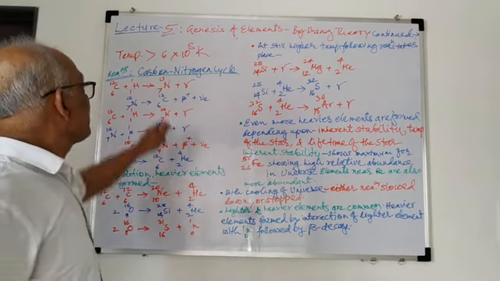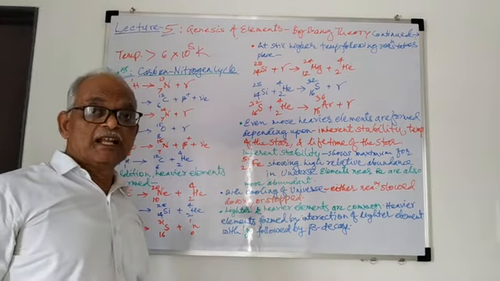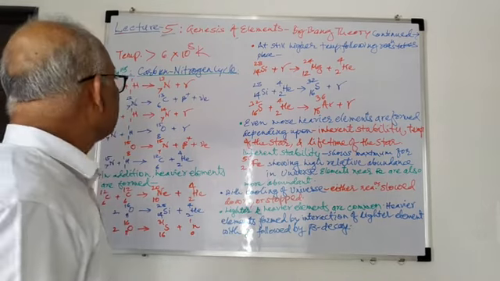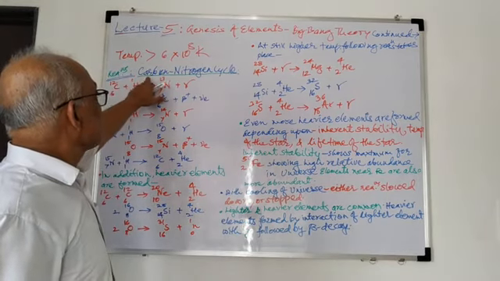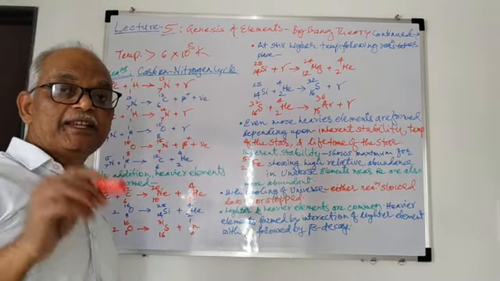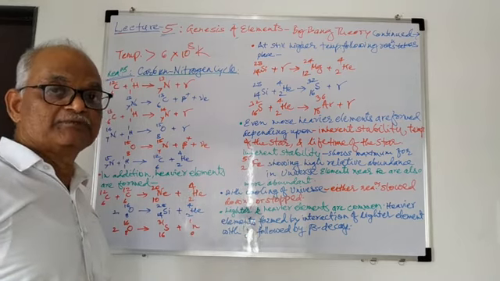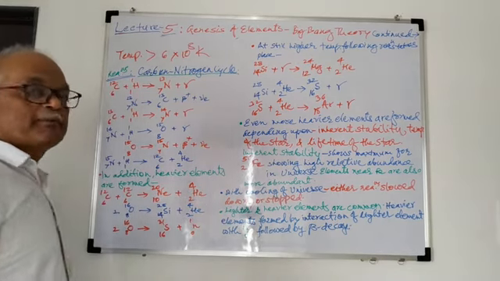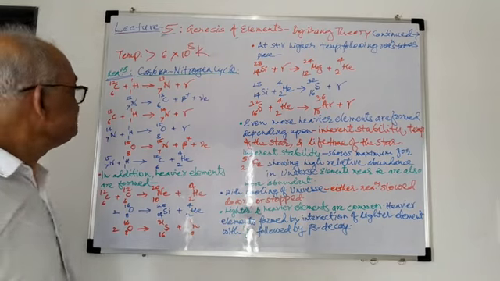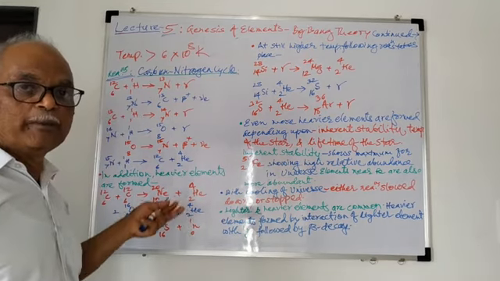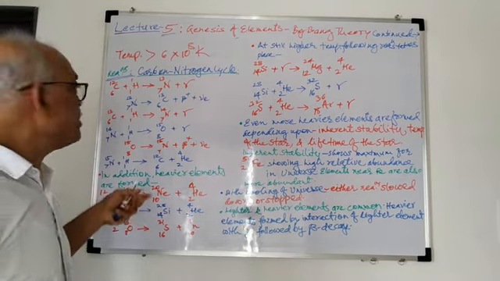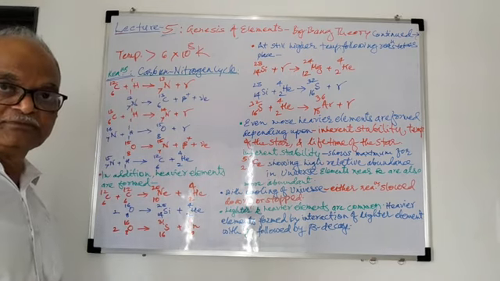Why is it called the carbon-nitrogen cycle? Because carbon acts here as a catalyst for the formation of helium nuclei from the fusion of protons.